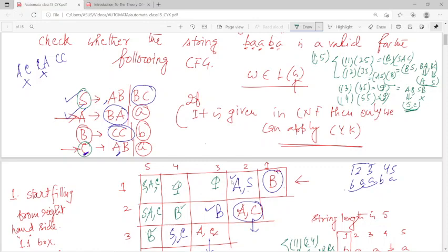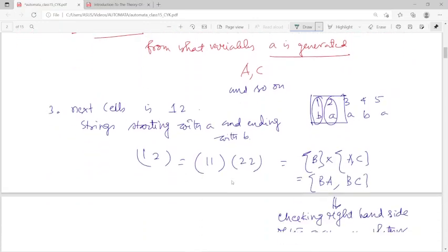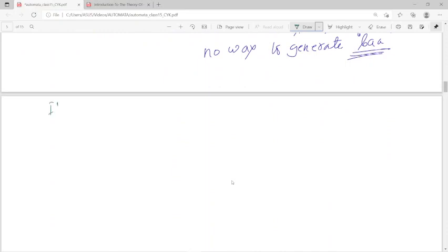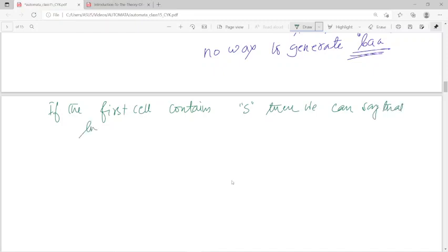That means if the first cell contains S, then we can say that the whole string can be generated from S. So what are the substrings generated from?